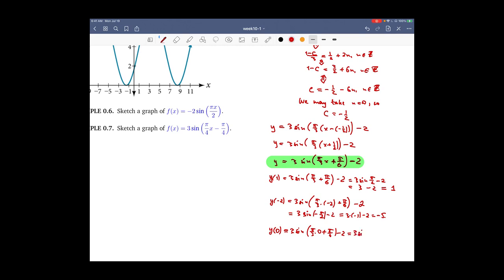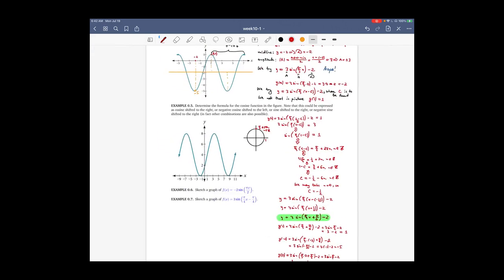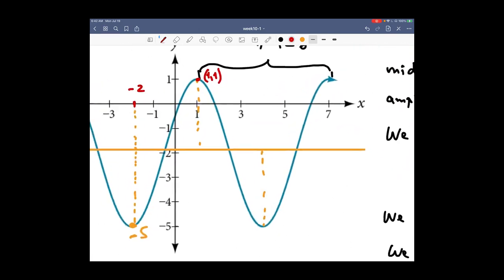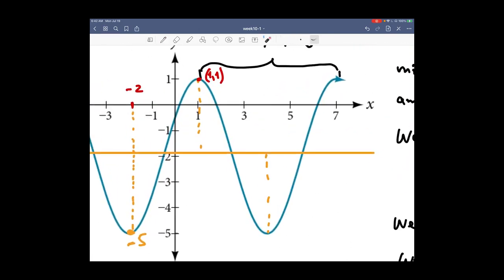So which is 3 sine(pi over 6) minus 2. We know sine of pi over 6 is 1/2. And so the y value at 0 is -1/2. That also appears to be believable. The y-intercept is halfway from 0 to 1 below the x-axis.